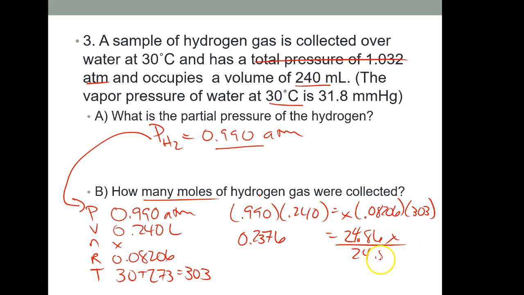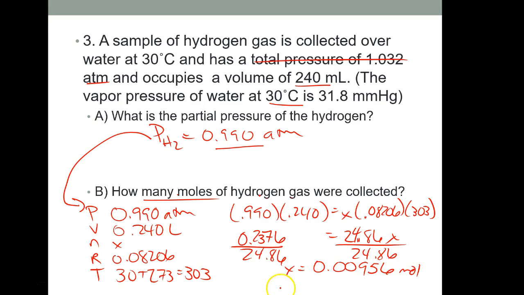Divide, and x ends up being probably a pretty small number. Okay, because this isn't a very large volume. 240 milliliters is actually kind of small. I mean, your soda cans typically are a little bit more than that. They're about 350.